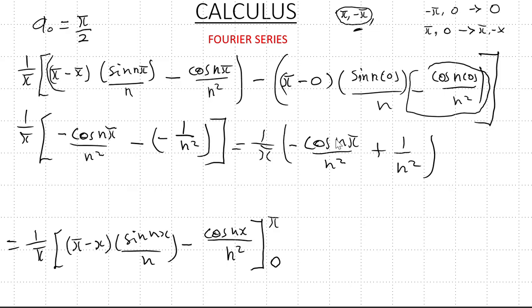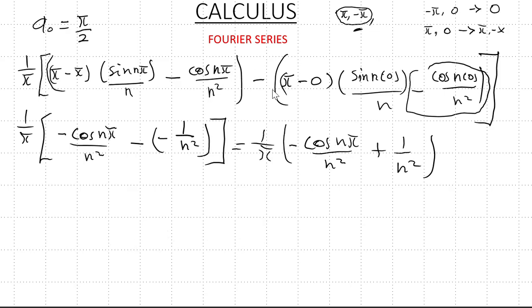So now you can see that the 1 over n squared is really common here. It is common here. So since it's common there, let's factor that out. Factoring out, it will multiply with this, and that is going to be 1 over pi n squared, then brackets open, then we bring the whole of this.